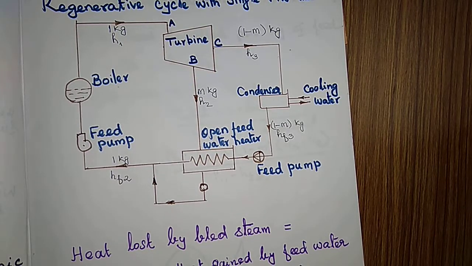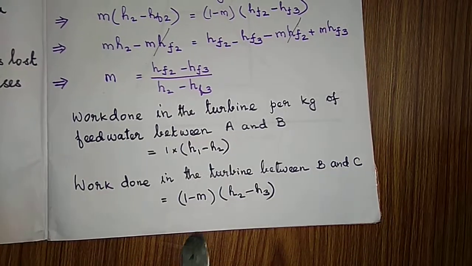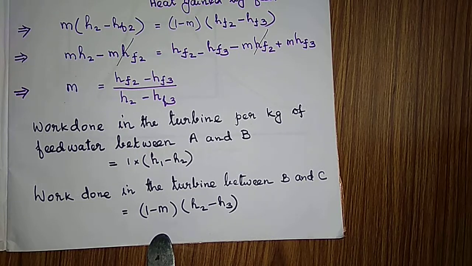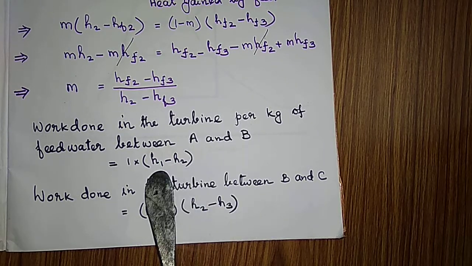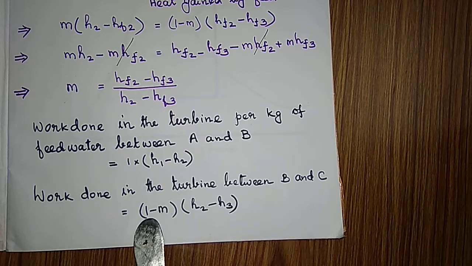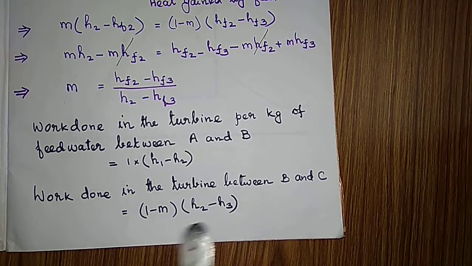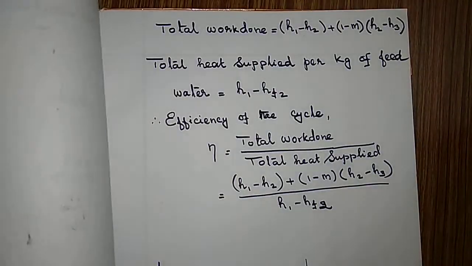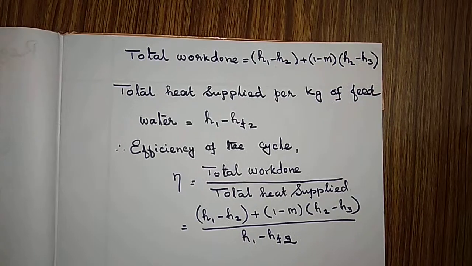So that is the work done in the turbine between B and C. Between A and B, H1 minus H2 is the work done. Between B and C, it is (1 minus m) into (H2 minus H3). What is the total work done? The total work done is adding both these together.